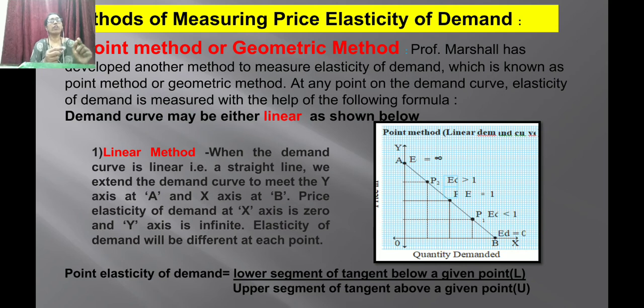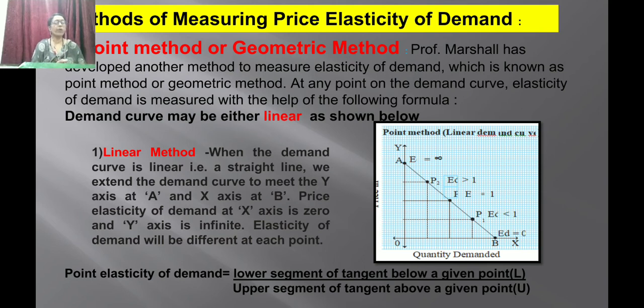The lower segment is PB, the upper segment is PA. PB upon PA, 4 upon 4, what answer do we get? 1. So we say that elasticity is equal to 1.